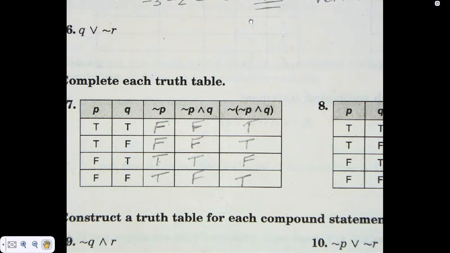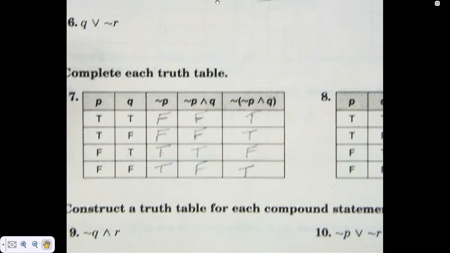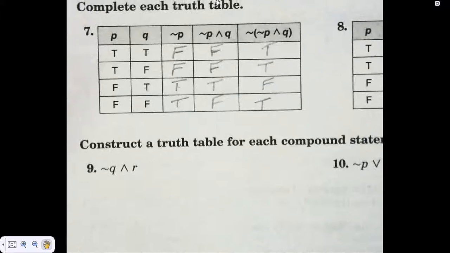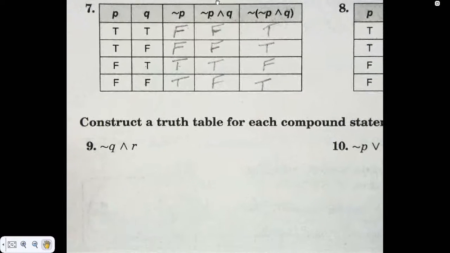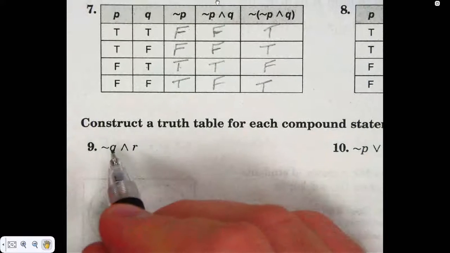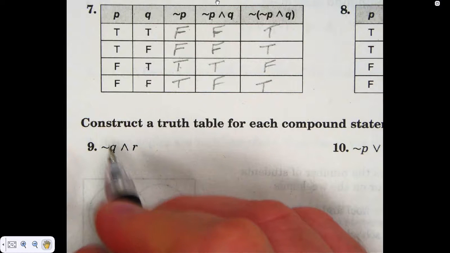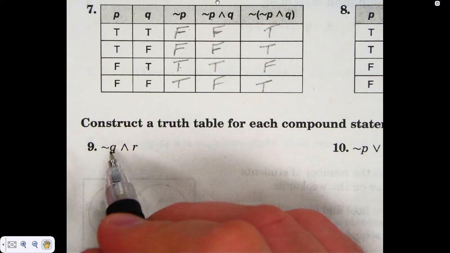Now, this is where people tend to sometimes have problems. We'll skip ahead to number 9, where they ask you to construct your own truth table. Even when you have a negation, you've got to always start with what? The non-negation.